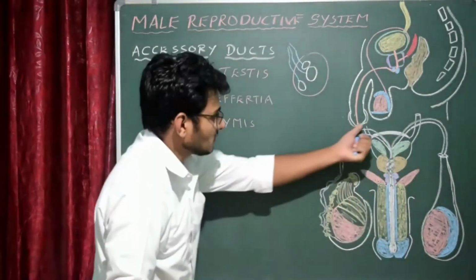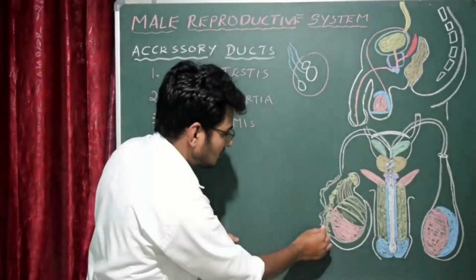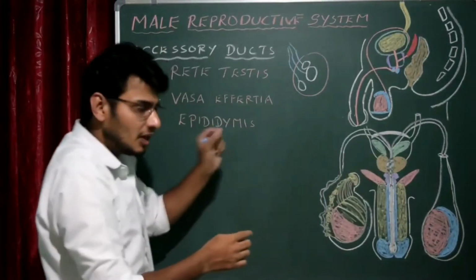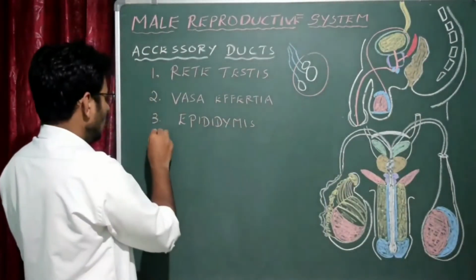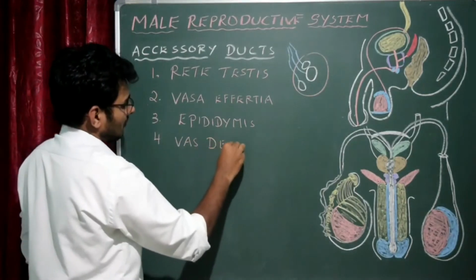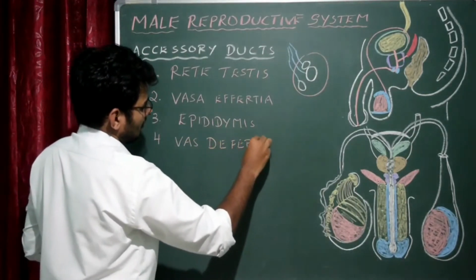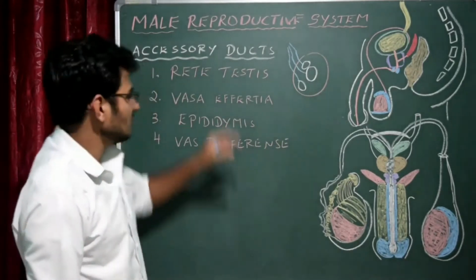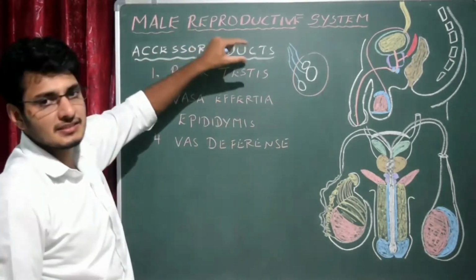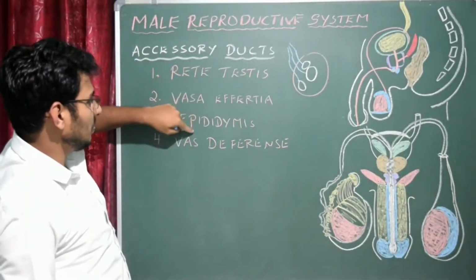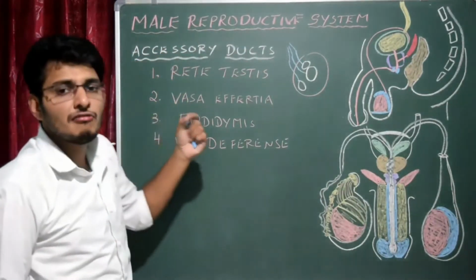This pipe system, the white pipe system which comes out of the epididymis and runs till the urinary bladder, is called the vas deferens. That means this is all about the accessory ducts. Rete testis first, vasa efferentia second, epididymis third, vas deferens fourth.